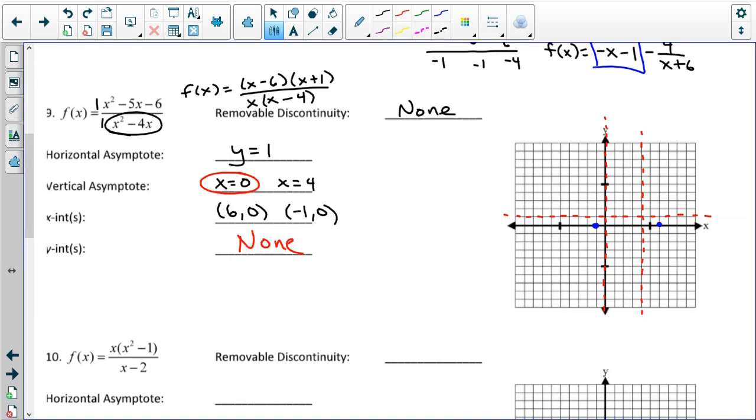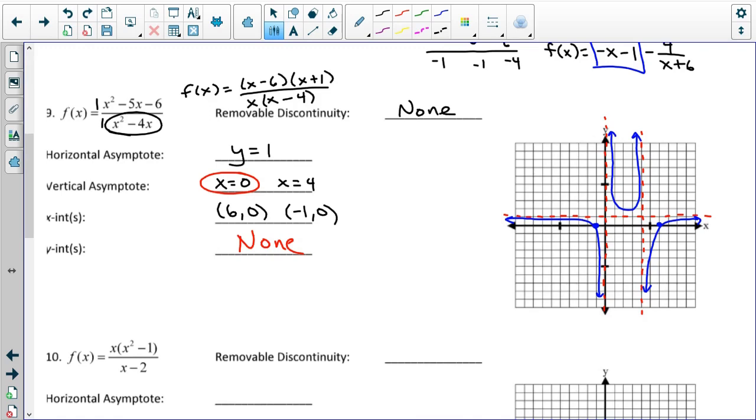So as I'm plotting my function, the graph will look something like this. And the graph should look something like that as I go on.